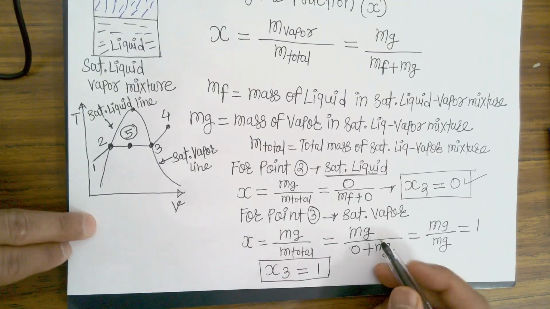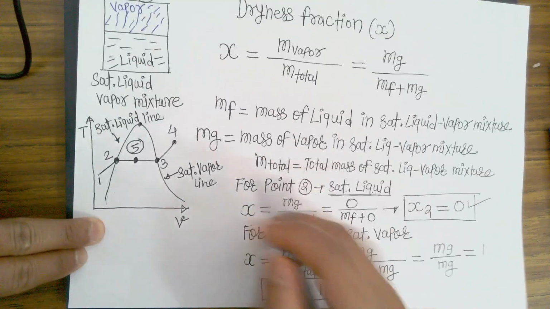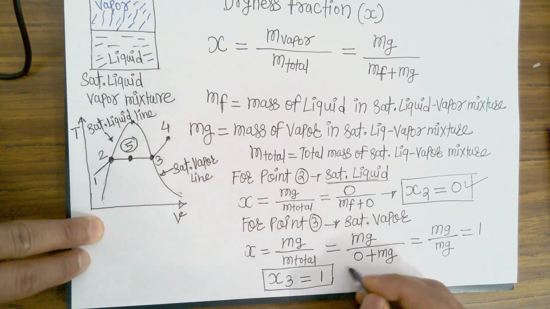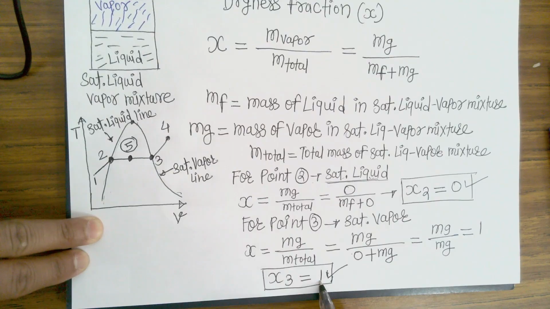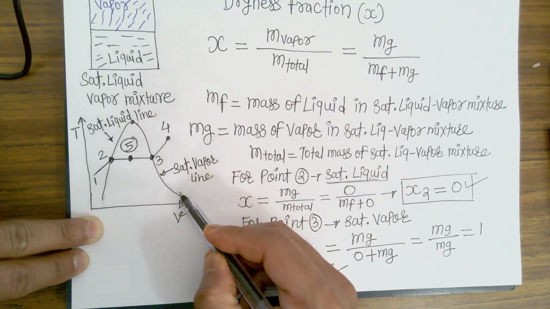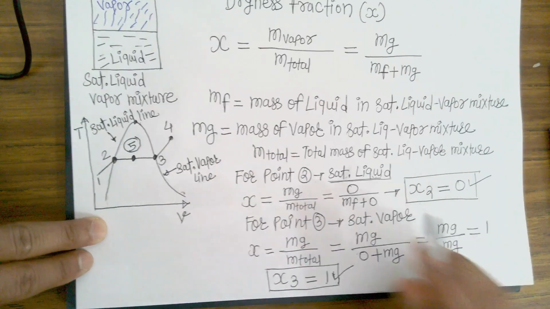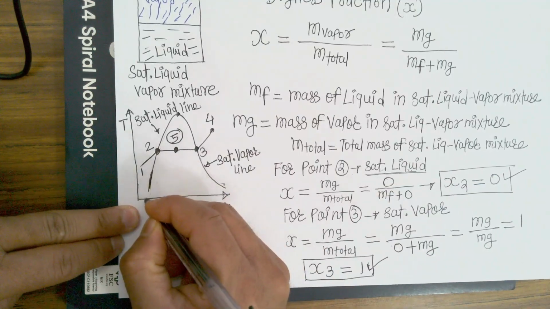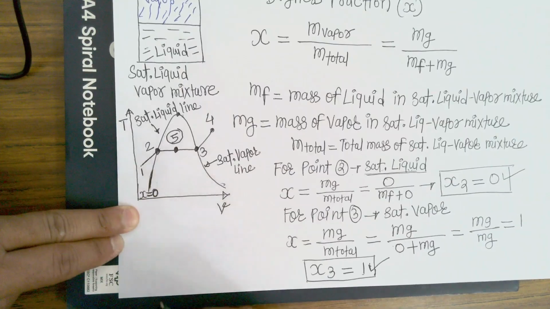So for any point on this saturated vapor line, for a saturated vapor condition, dryness fraction is always 1. So I can write like this. For this line here, dryness fraction is 0.